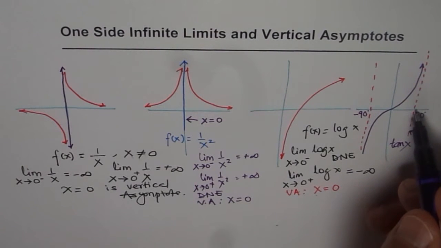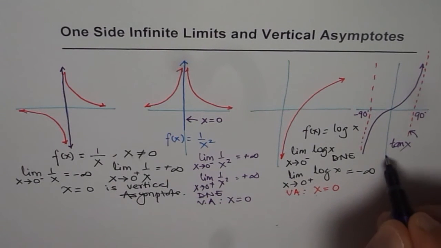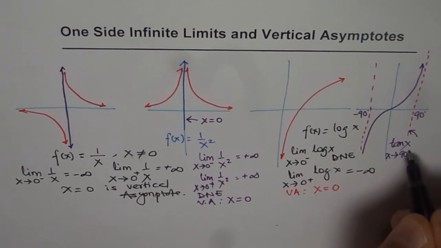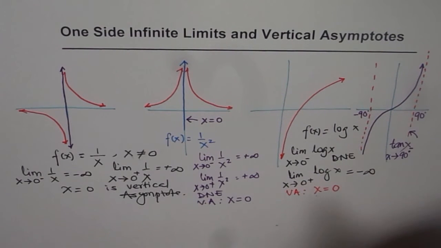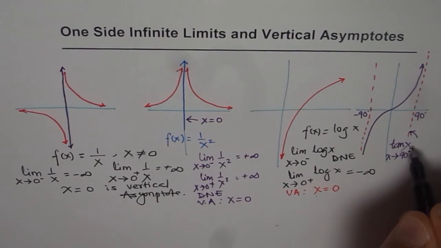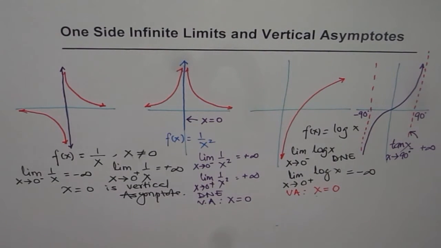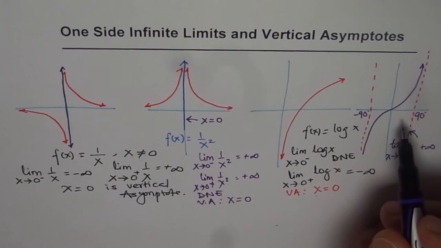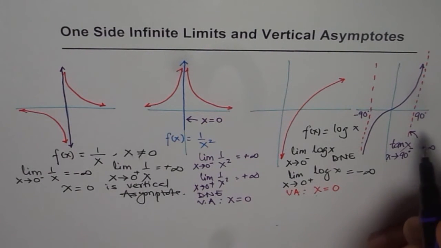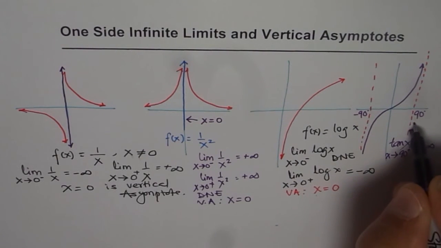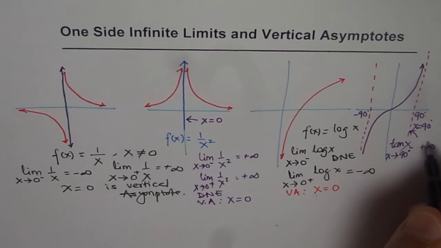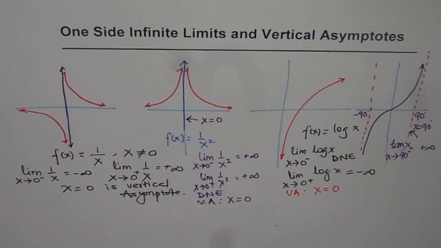So why is it a vertical asymptote? Since if x approaches 90 degrees from the left side, so I will write minus here, the function tan x approaches positive infinity. If the function approaches infinity as you come closer and closer to that point, then the line x equals 90 degrees forms a vertical asymptote.